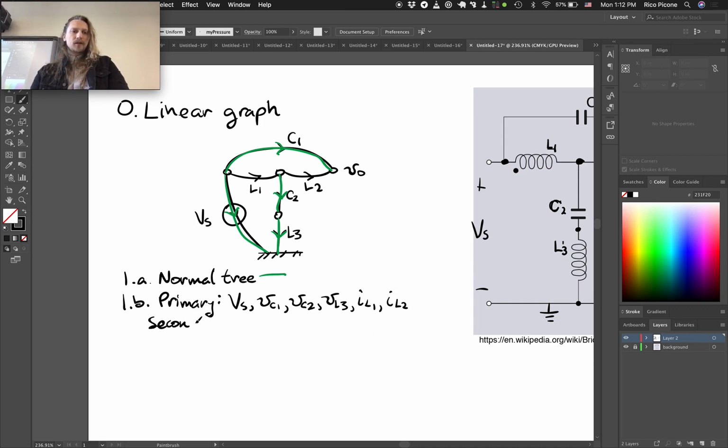Secondary variables: the current that the source delivers, the current through C1, current through C2, current through L3, voltage across L1, voltage across L2.